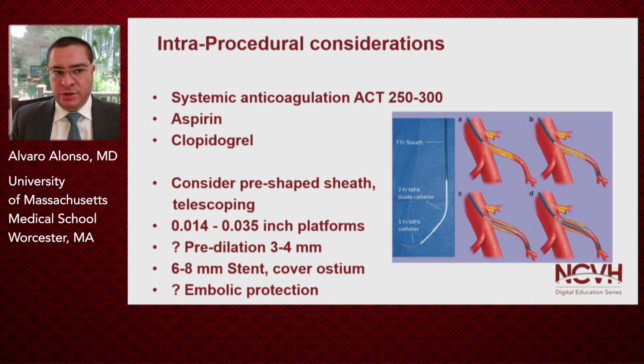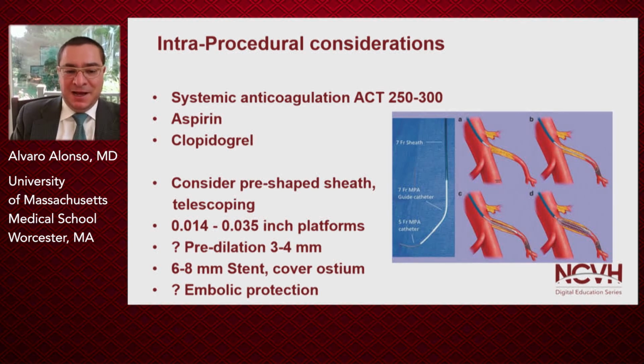I think that if you're going to use a covered stent, you should always pre-dilate, because covered stents are known to potentially get dislodged and then get you in a bind. If it's a direct stent with an open cell stent, you could probably obviate the pre-dilation. But again, it all depends on how tight the stenosis is, and sometimes you need to even do serial dilations with 1.5 millimeter balloons and grow your lumen until you're able to deliver your stent.